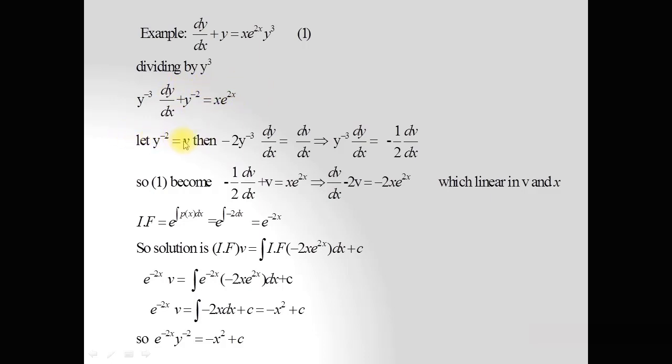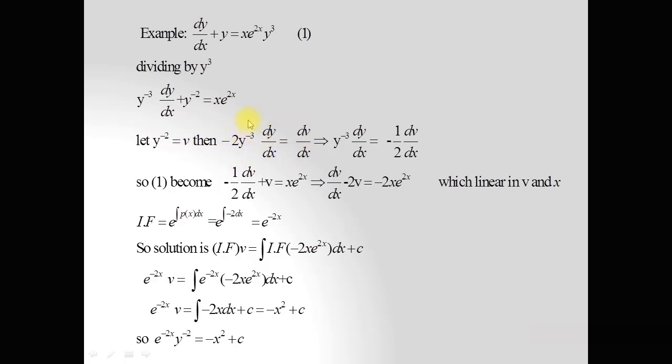So y^(-2) = v. Then, taking the derivative with respect to x using the power rule, -2 y^(-3) times the derivative of the base, dy/dx, is equal to dv/dx.